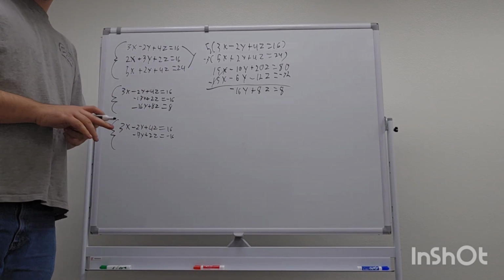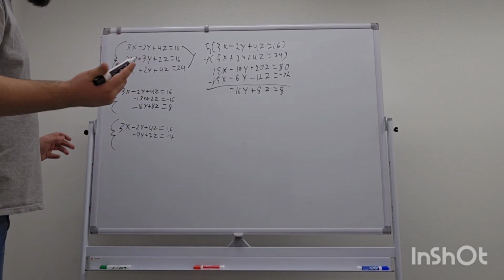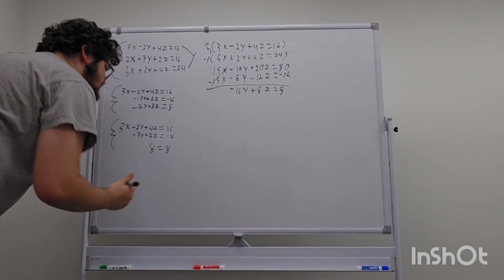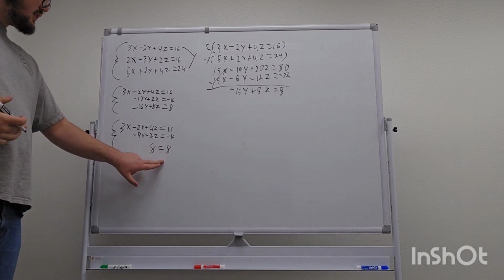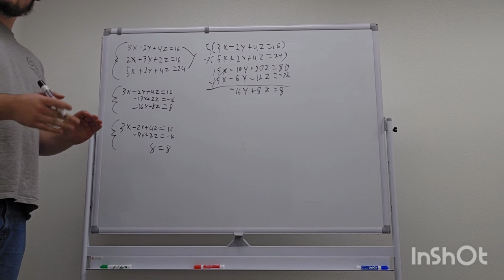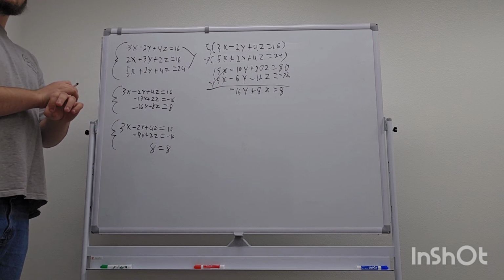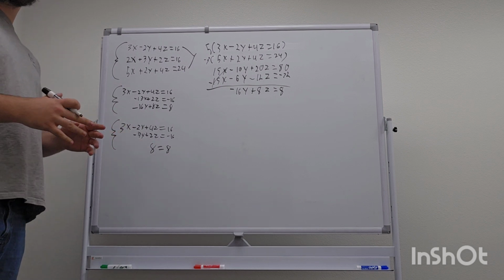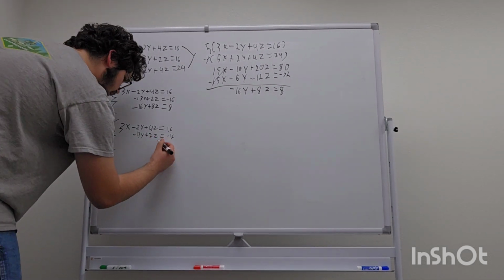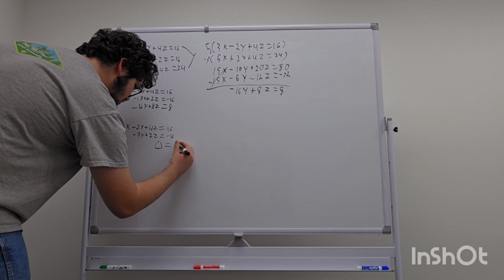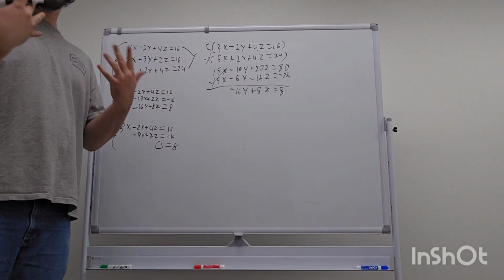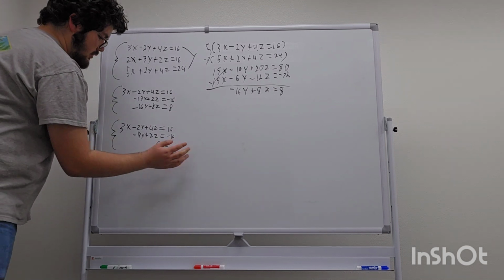In a couple notable cases, the last equation could be something like a number equals a number instead of z equaling a number. If it is the same number, that means the coordinates are the same. The lines are all on top of each other, thus making it all real solutions. While if we have a number equals a number but it is not true, that means the lines do not intersect at all. They're completely parallel and there is no solution.